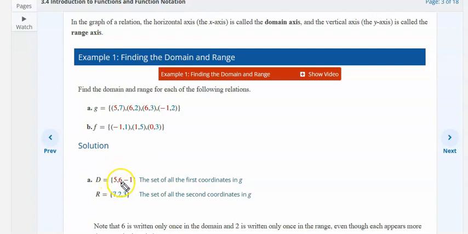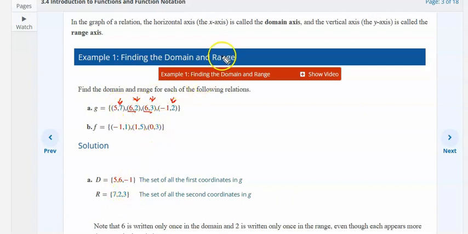Now notice when you write it, you don't repeat items. The 6 is used twice. I'll get to that in just a moment. Now for the y items then, that would be the range, would be the 7, the 2, the 3, and notice the 2 is used again. So in the set, you would only write the 2 once. That would be the protocol.